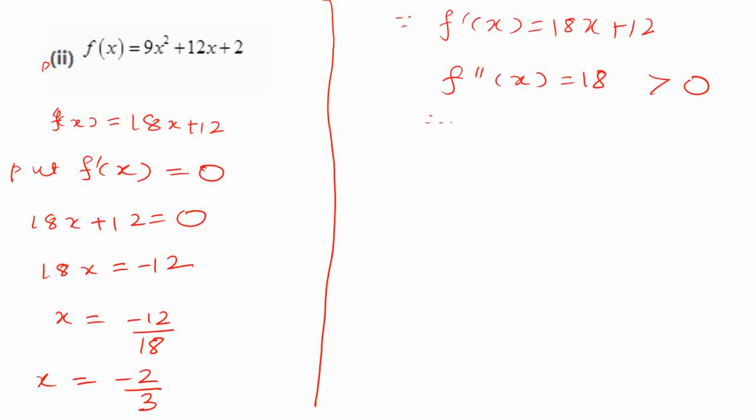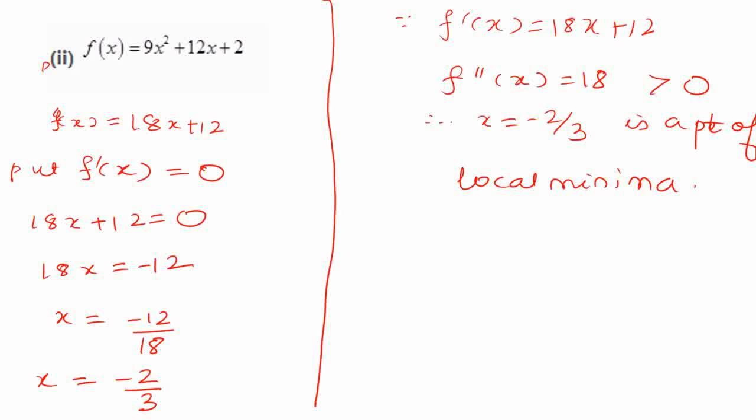That means what we can write, x is equal to minus 2 by 3 is a point of local minima. Okay. So now we got here one point minus 2 by 3, which is a point of local minima.